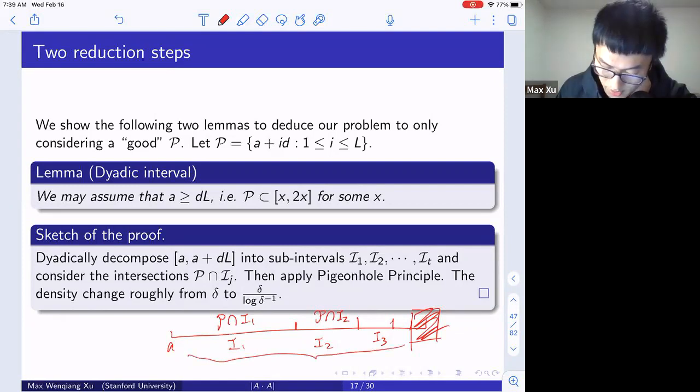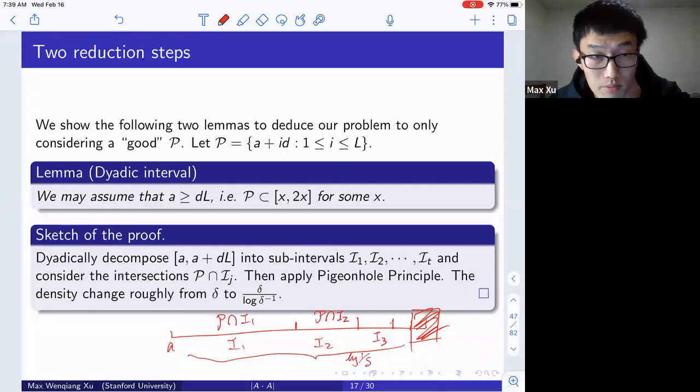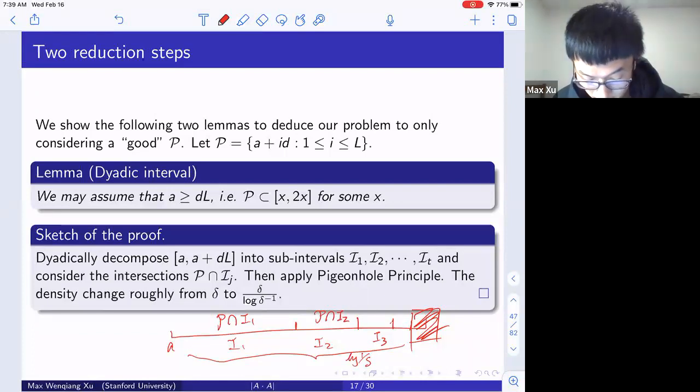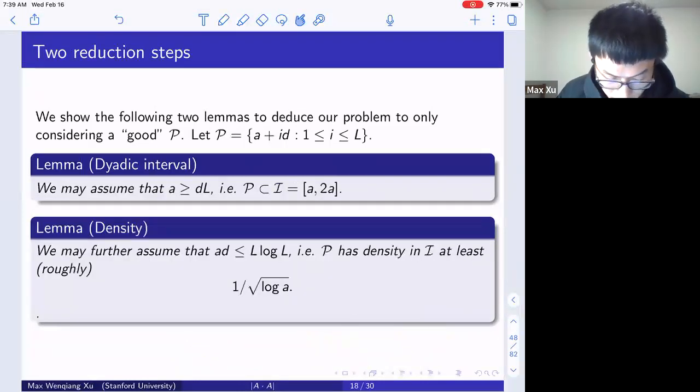How many intervals here? I guess roughly log 1 over delta. Then among this number of sub-intervals, by the pigeonhole principle, at least one of them has density large enough. So assume delta is a constant, then delta over log 1 over delta is also a constant. So we can just restrict to certain diagonal intervals. So this is a simple step.